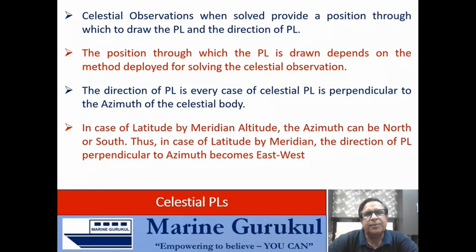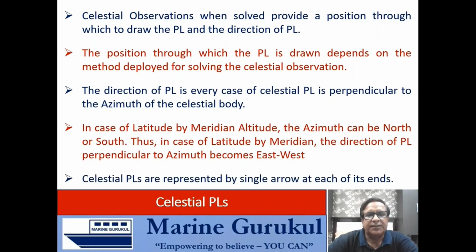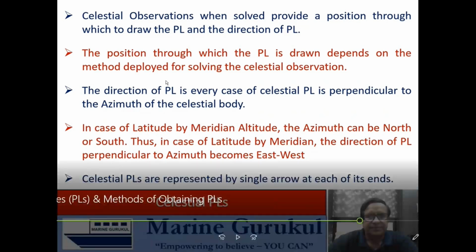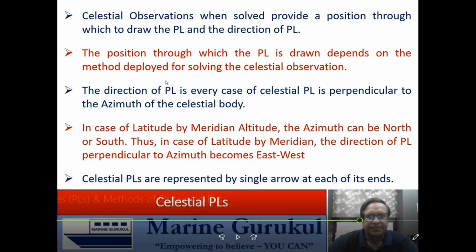In case of latitude by meridian altitude, the azimuth can be either north or south. Thus, the direction of the PL, which like any other case is perpendicular to azimuth, is specifically east-west. Celestial PLs are represented on the chart by single arrows at each of its ends. So we are familiar with all these points. Let us now see plotting them on the chart.